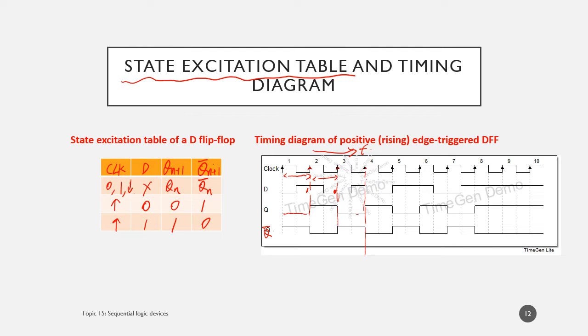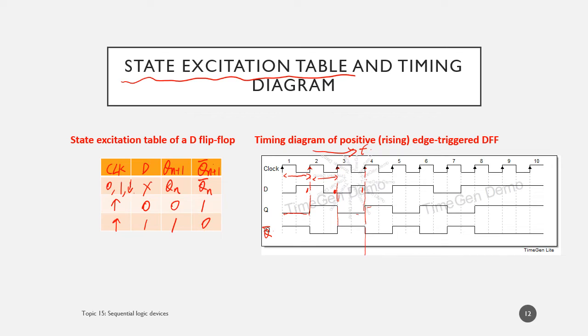If we consider that, we always look at the point right before that edge, because that value will determine your output, not the value after that. So in this case, we take 1 as the D value, and then your Q has to change to 1.